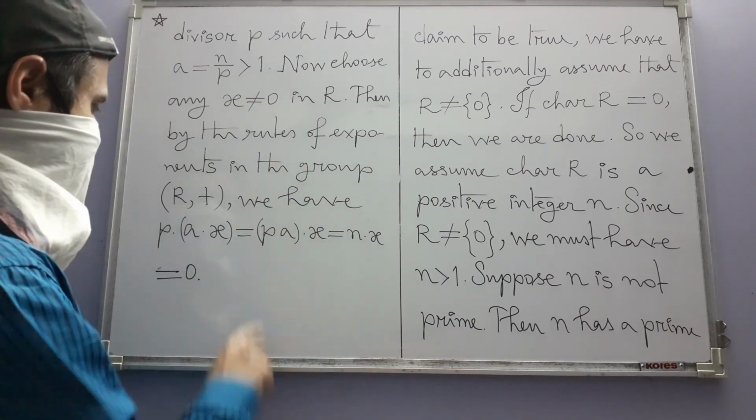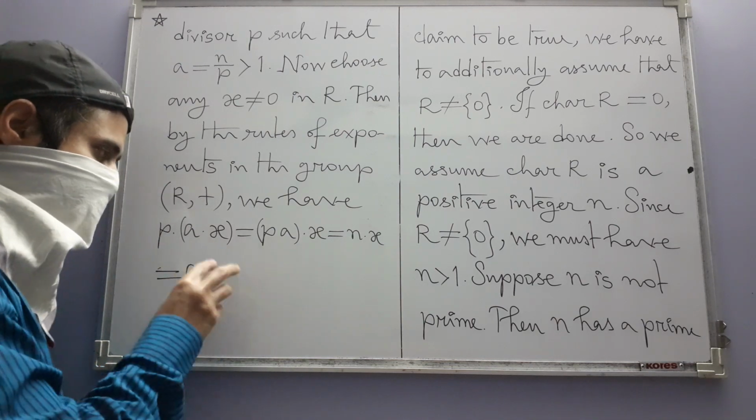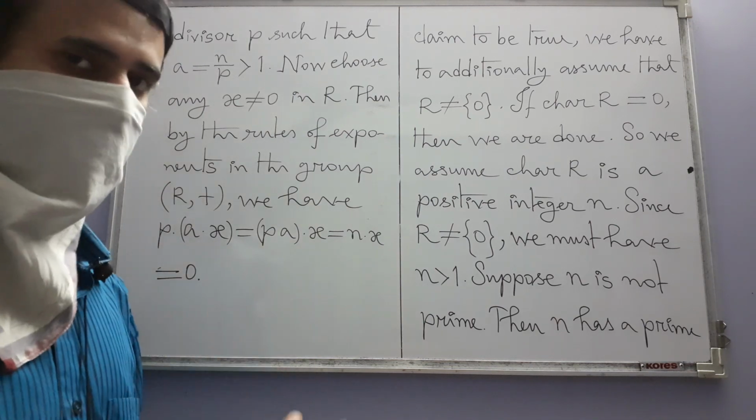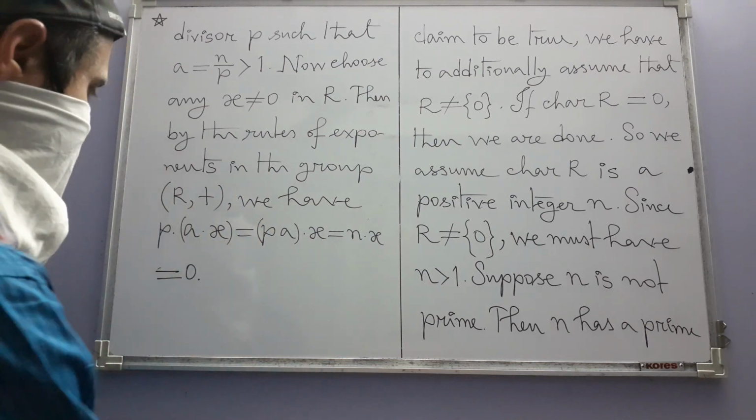Okay. Now two cases arise. The element a dot x is a ring element. This element may be 0, it may not be 0. Let us see what happens if this element is non-zero.